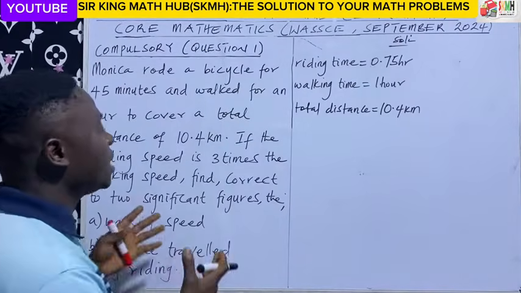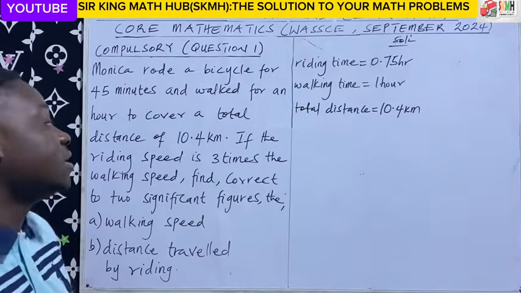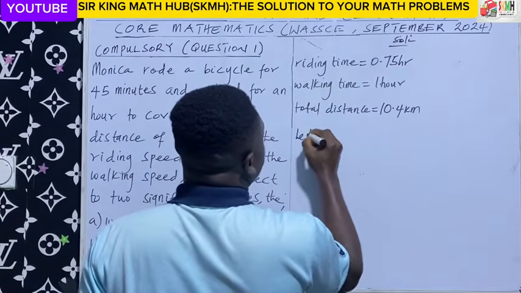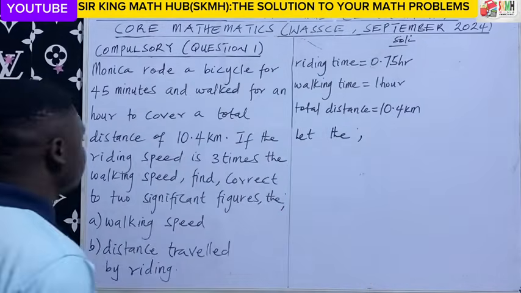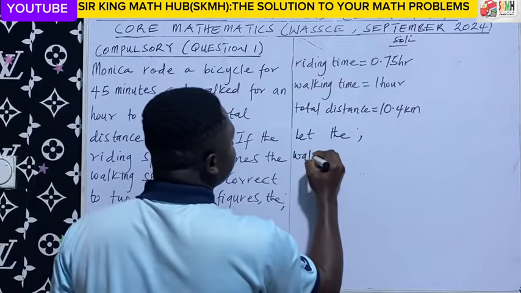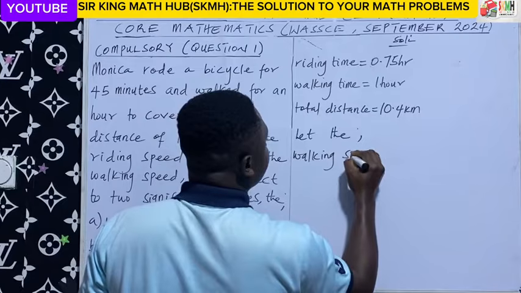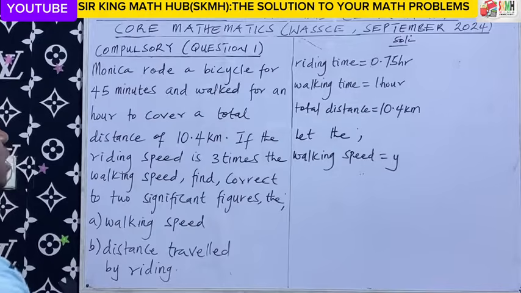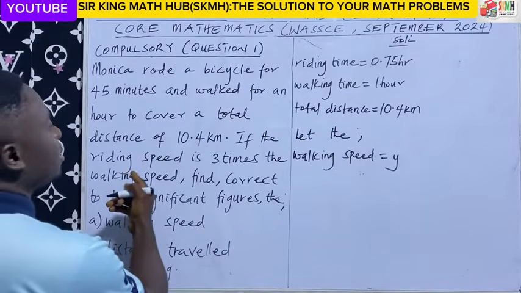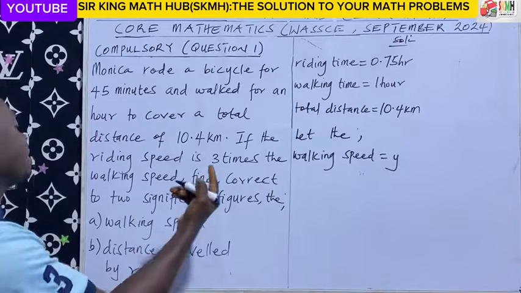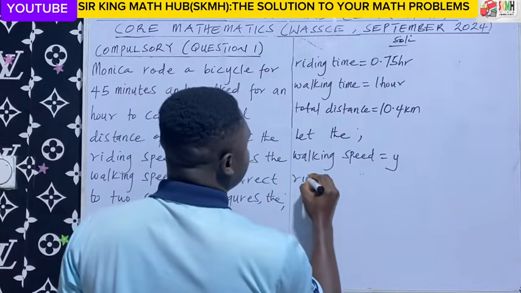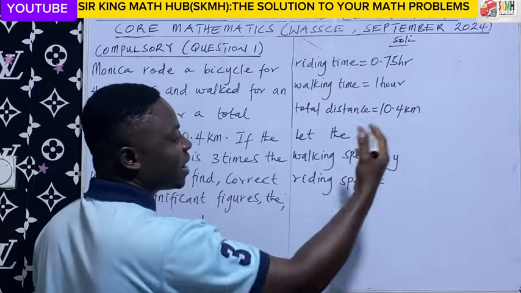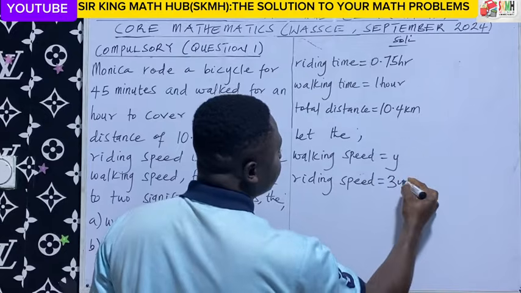Since we don't know the exact values for the riding and walking speed, let's represent the walking speed as y. Then the riding speed, being 3 times the walking speed, is 3 times y, which is 3y.